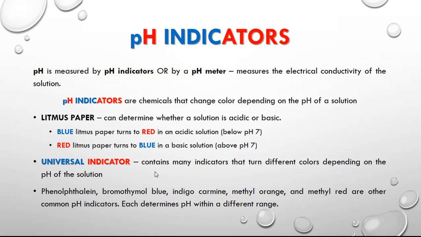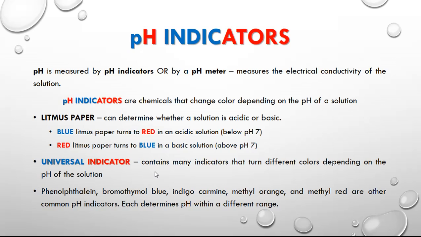A pH meter measures the electrical conductivity of the solution. Remember that both acids and bases are conductors of electricity. So therefore, you can make use of that property also to measure the pH of the substance.